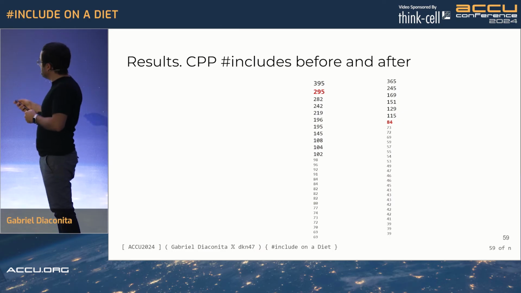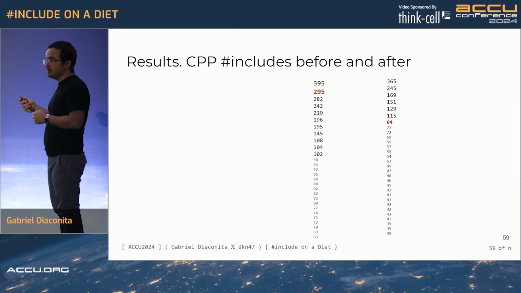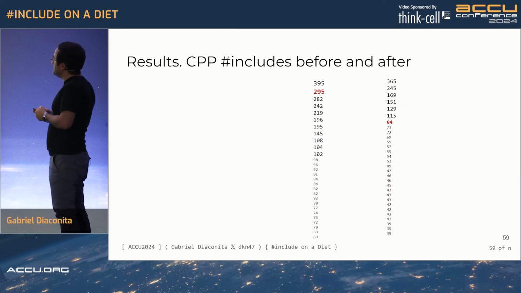So the champion before all this was a CPP file that had almost 400 includes, followed by one that had 295. After the process, we can see that our champion was affected, but not by much. I can tell you that this is still the champion. Not all of them have maintained their position. Here, for example, if we look at the second place, they had a dramatic reduction.